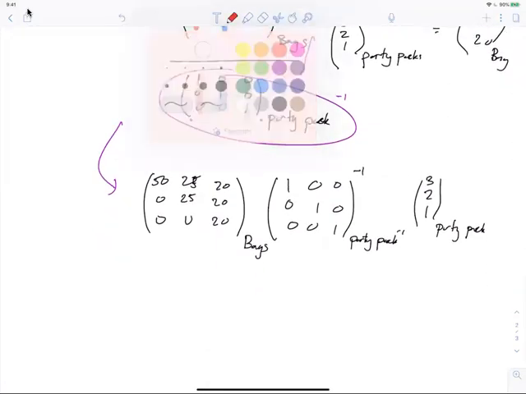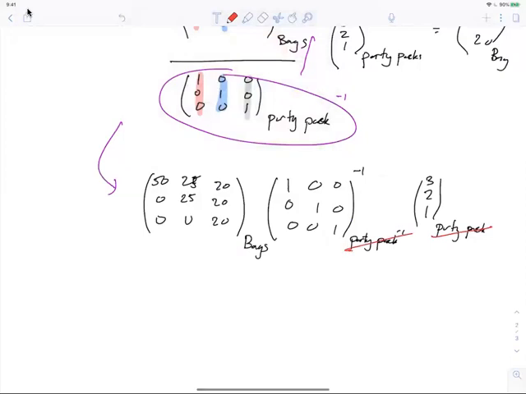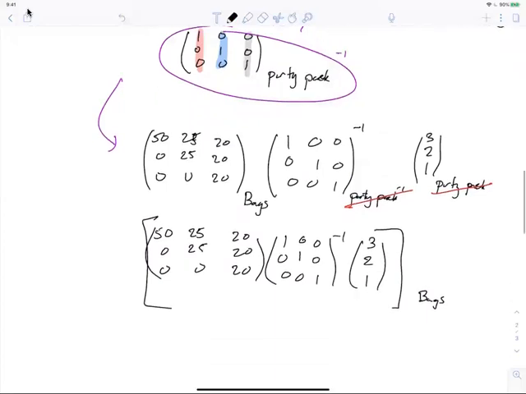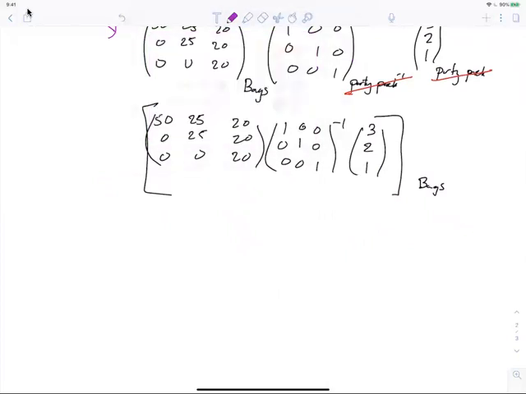And now what's really nice is we can see what happens if we look at the dimensions. Well, this is party pack, and this in some sense is 1 over party pack. And so altogether, the number of bags that we get at the end is just formed by multiplying these matrices together. And we know that this is the identity inverse.